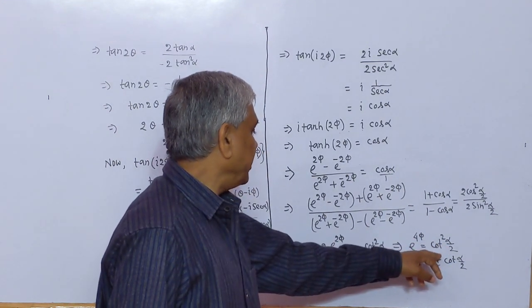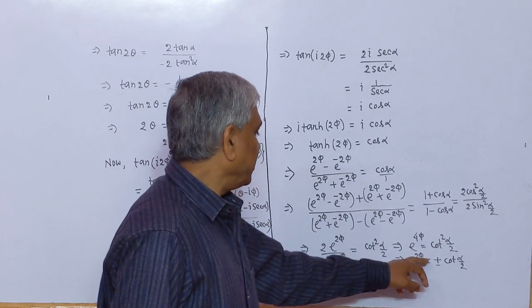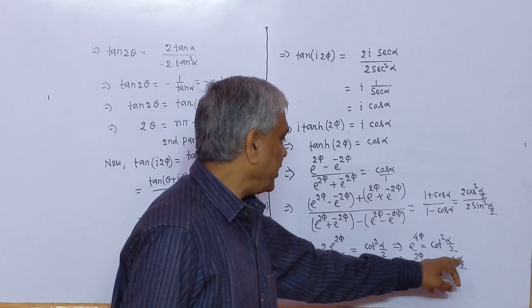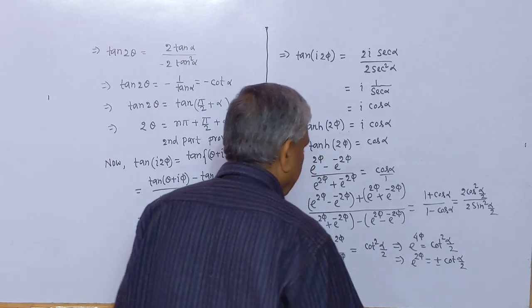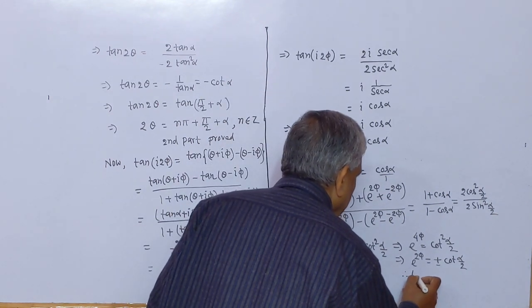Taking square root on both sides, e^(2 phi) = ± cot(alpha/2). Therefore, the first part is proved.